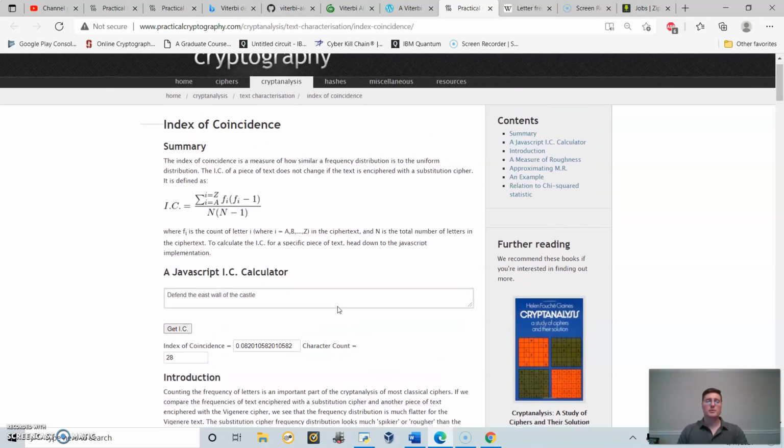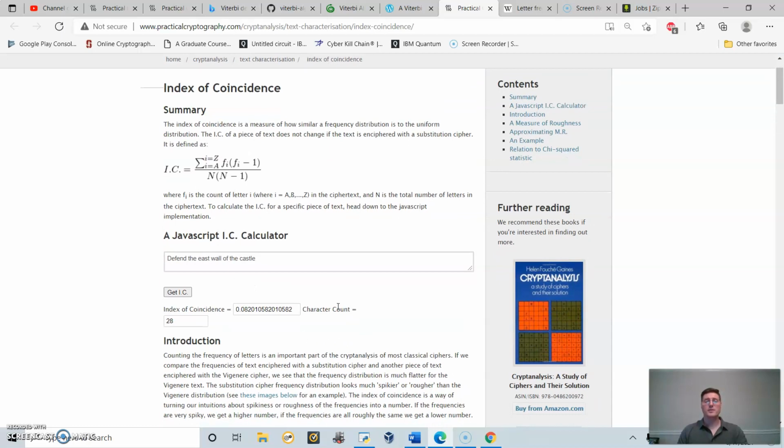So we're going to work with the index of coincidence first, or the IC. It's determining the frequency distribution compared to the uniform distribution. It takes the count of each letter in the ciphertext, multiplies it by that count minus 1, divides by the length of the ciphertext times the length minus 1, and then sums from the bottom to the top of the key span.